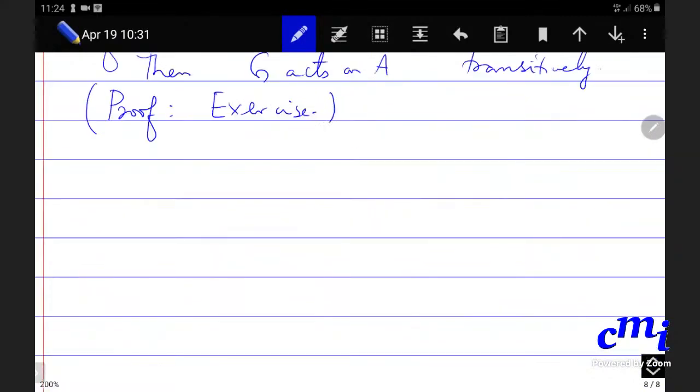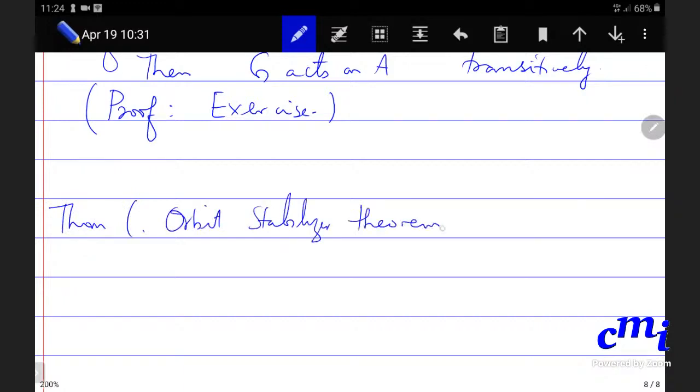Time is 11. Now we are ready to state this important result, called the orbit stabilizer theorem.